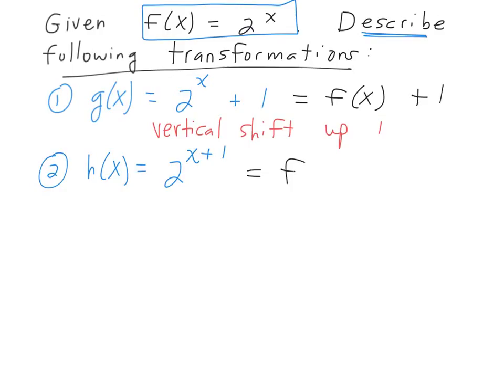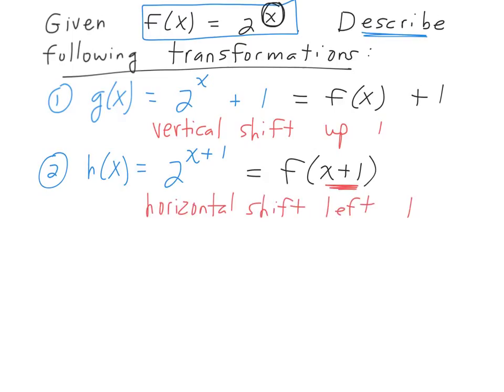We drop that x plus 1 into this function where we see an x, and it became 2 to the x plus 1. So this time it is not going to be a vertical shift. Instead, we're going to have a horizontal shift, and since we have a plus 1 on the inside, recall we would be shifting to the left 1. So we'd have a horizontal shift left 1.